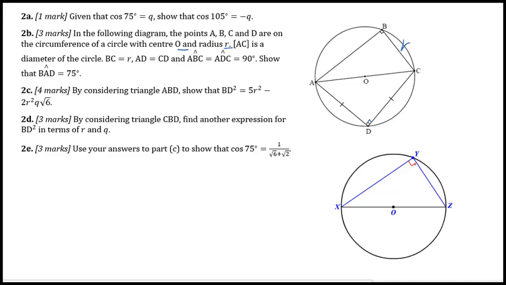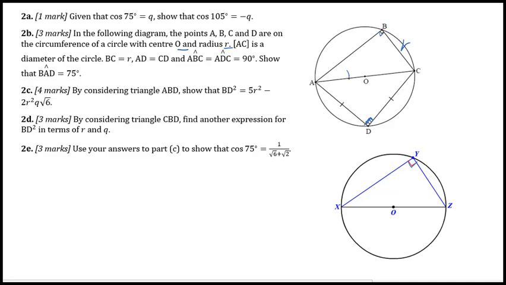Here is the theorem for inscribed angle in a circle. If the inscribed angle is in a semicircle, then this will be 90 degree. Therefore, this is 90 degree, this is a 90 degree.